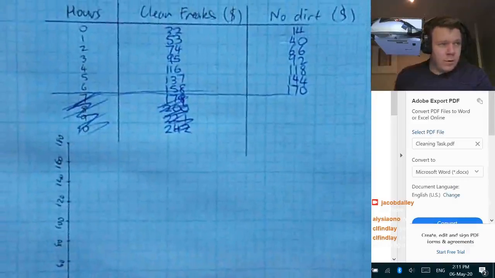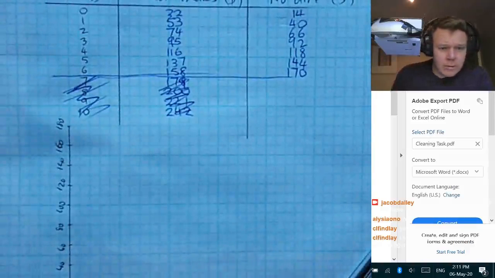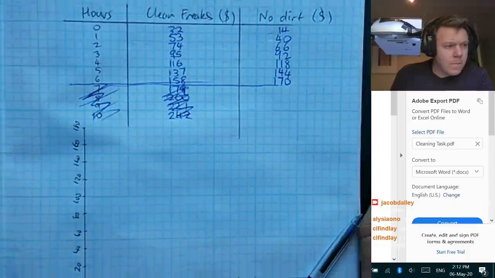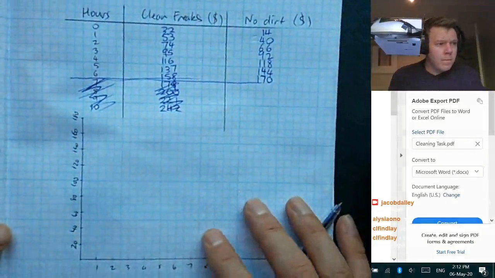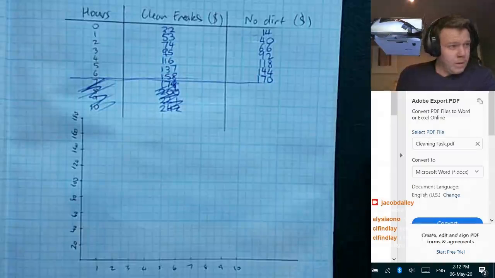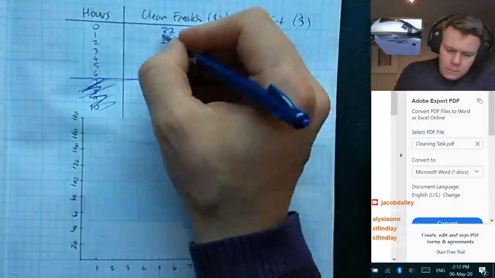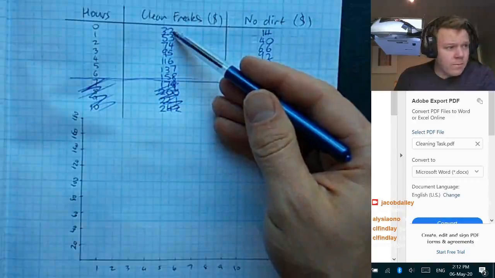Okay, so now we're going to plot that on our graph. I might have to zoom out a fraction. So our first number is 32.